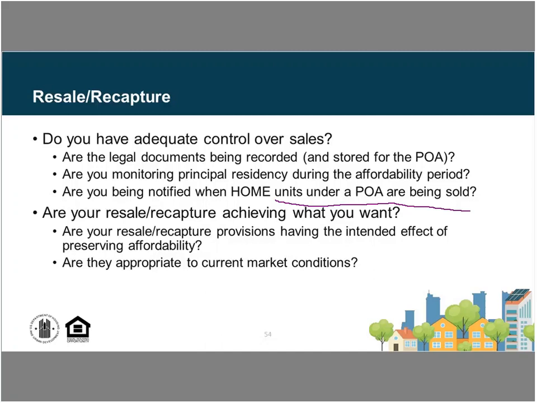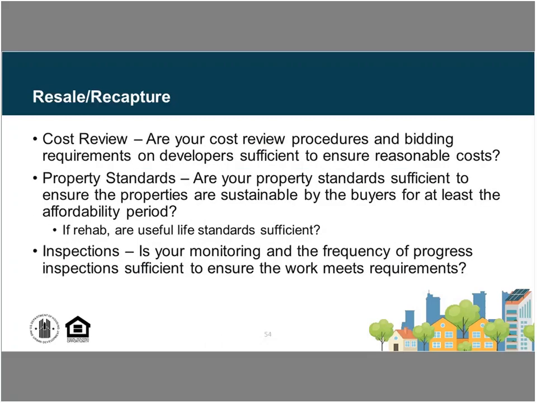Go ahead. Well, I was just going to say we've had a number of questions, and I think one of the keys here, particularly on underwriting, is that each PJ is required to have policies and procedures on its underwriting, essentially its definition of affordability.